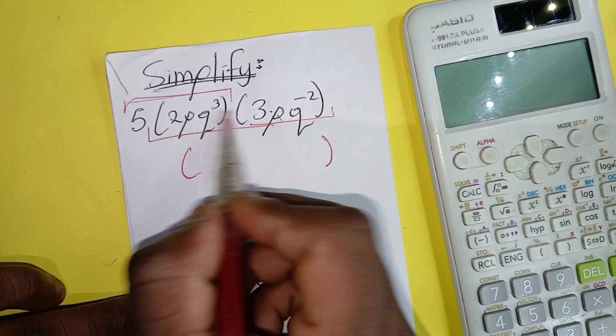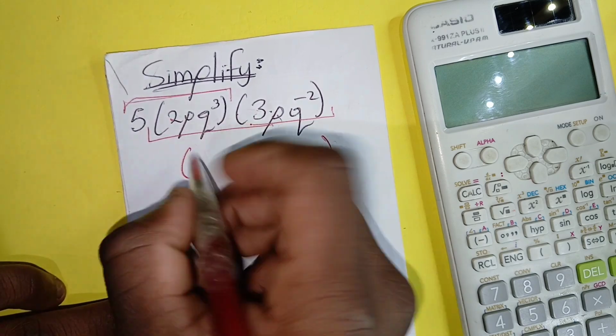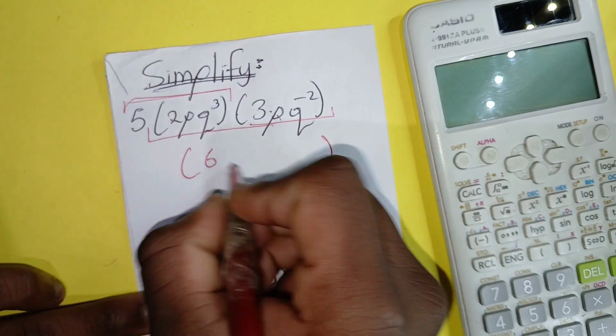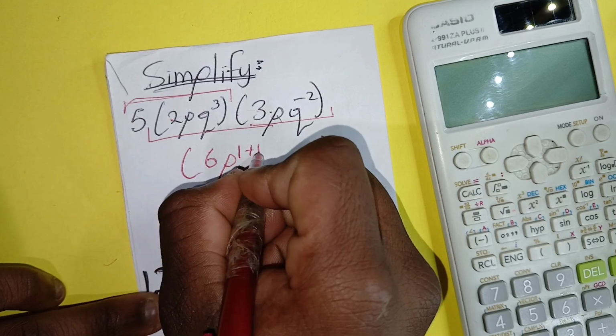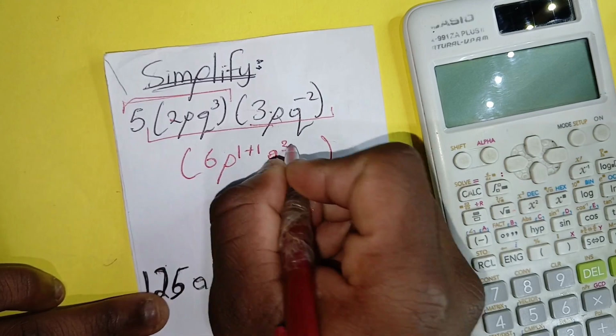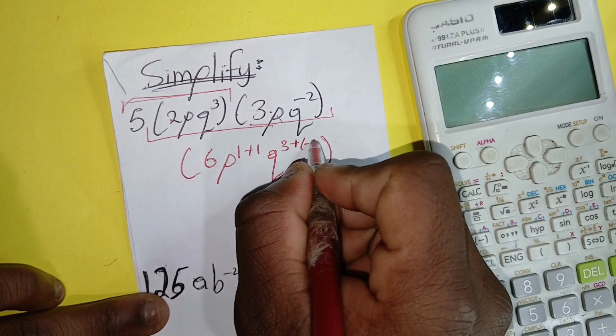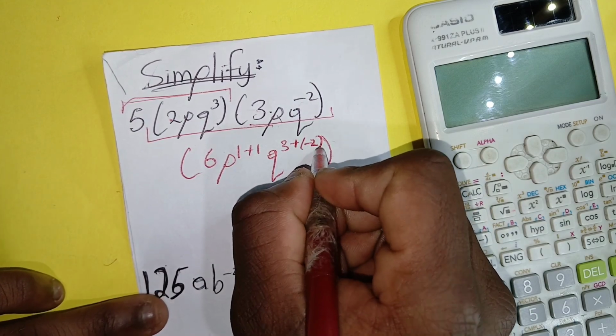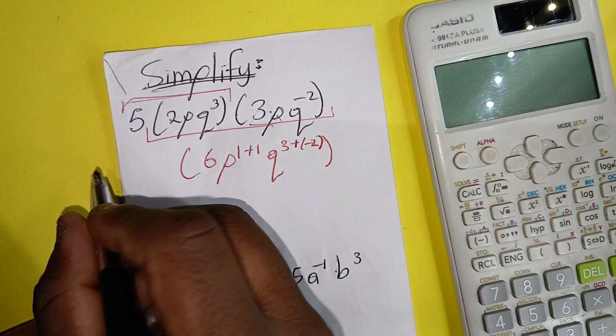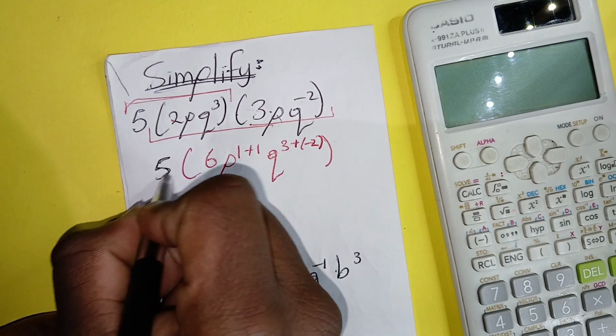When I multiply the same sign, I'll get positive 6 p^(1+1) q^(3+...). This number is negative, so you can just put it inside a bracket like that. And because that 5 we didn't affect, you can drop it the way it is.